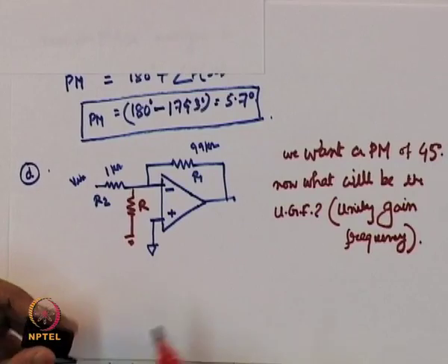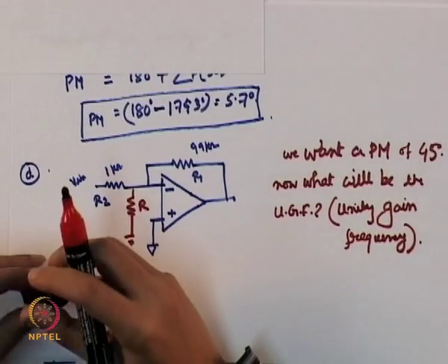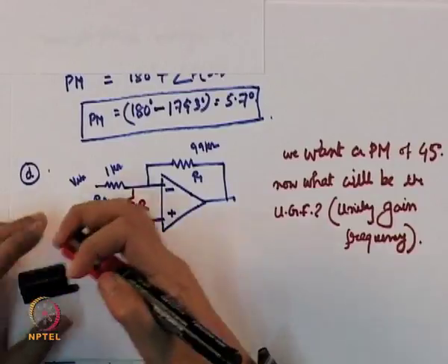Note one thing: this unity gain frequency point is the only place where we calculate our phase margin. The phase margin will always be calculated where the unity gain frequency has been found.